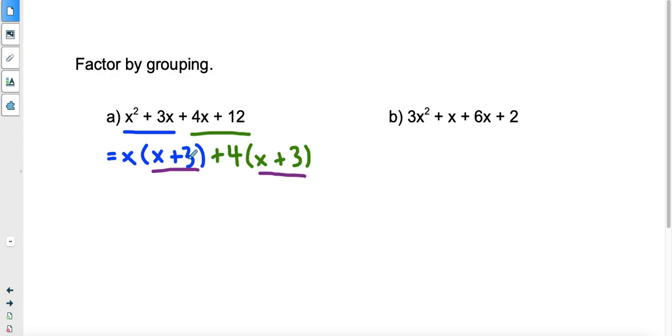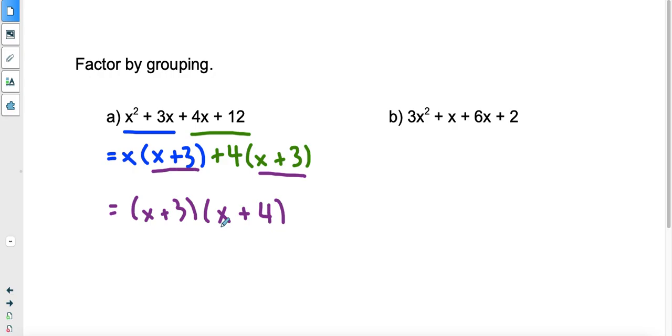Since my x plus 3 is in common to both of these two terms, I can common factor out an x plus 3. And now we would just have to multiply this by x and 4 to get my final answer.